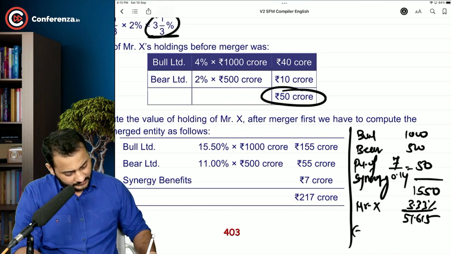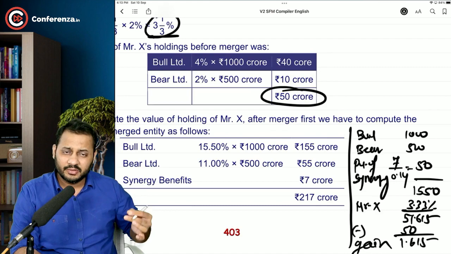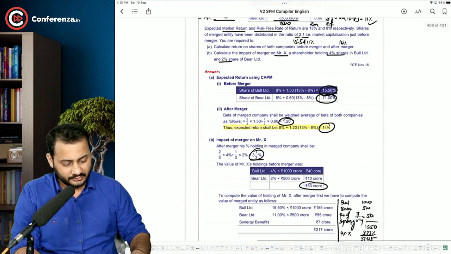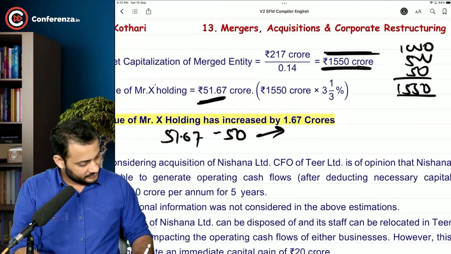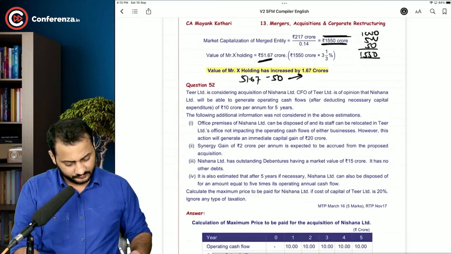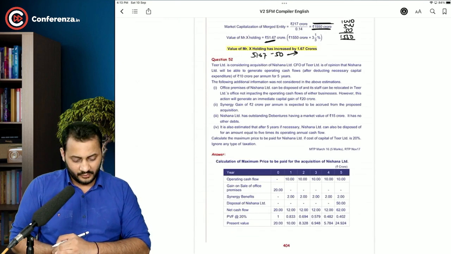Then deduct 50 out of this and you will get 1.615. This is the gain to Mr. X. In a straight simple sentence you can complete it. Gain to Mr. X: 1.615 or 1.67. That's it. This is the final answer to you.